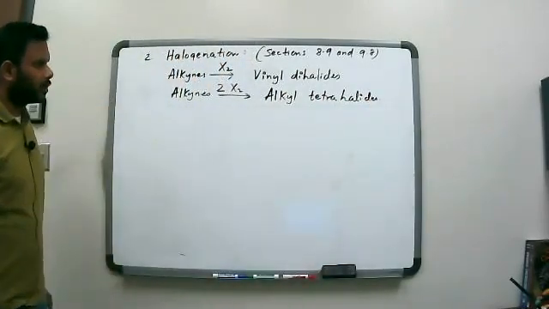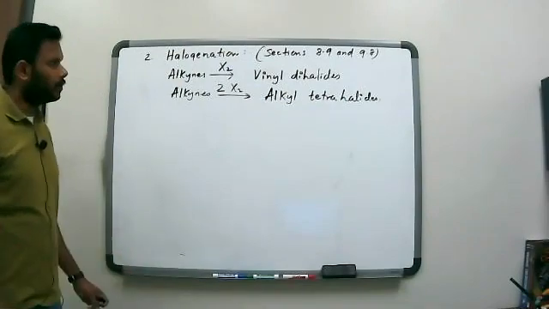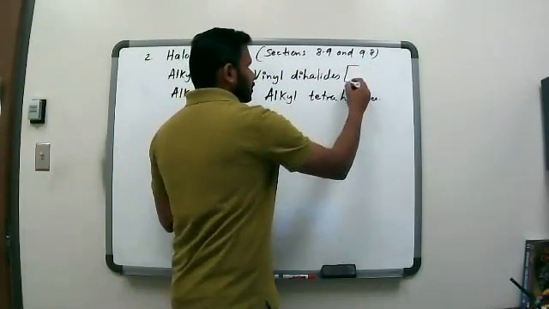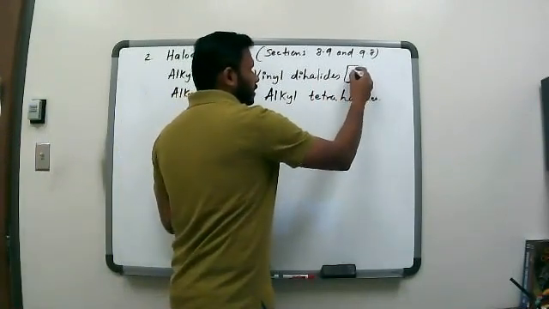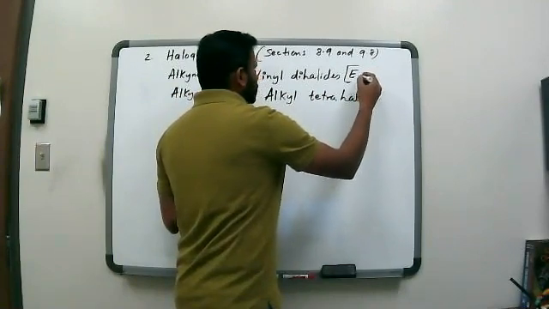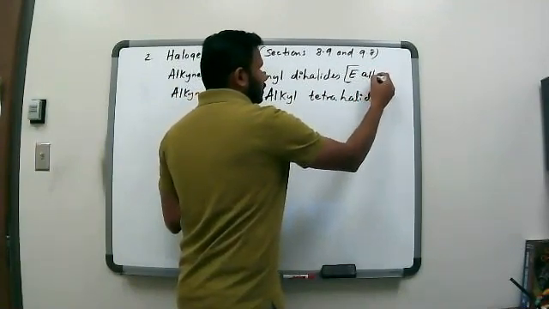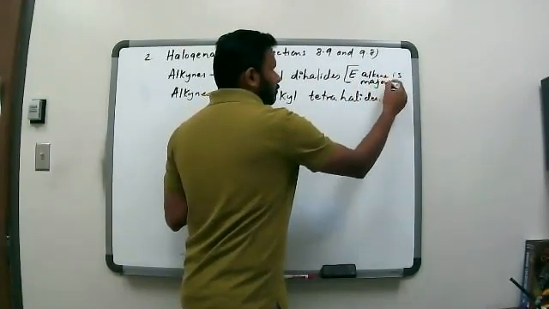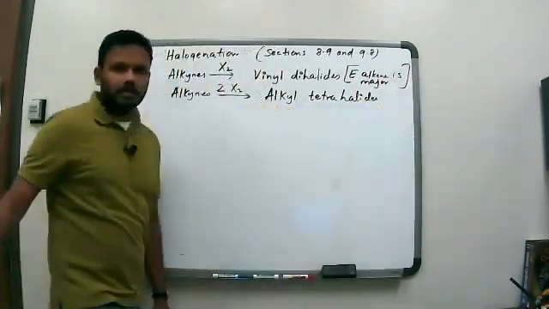So now four halogens there. And in the case of a vinyl dihalide, the E-alkene is the major product.